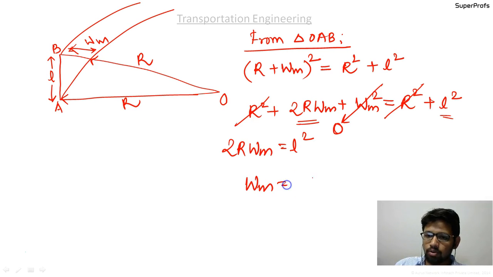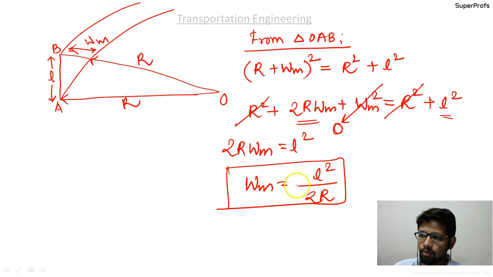Therefore Wm equal to L square upon 2R. Okay, so Wm equal to L square upon 2R.